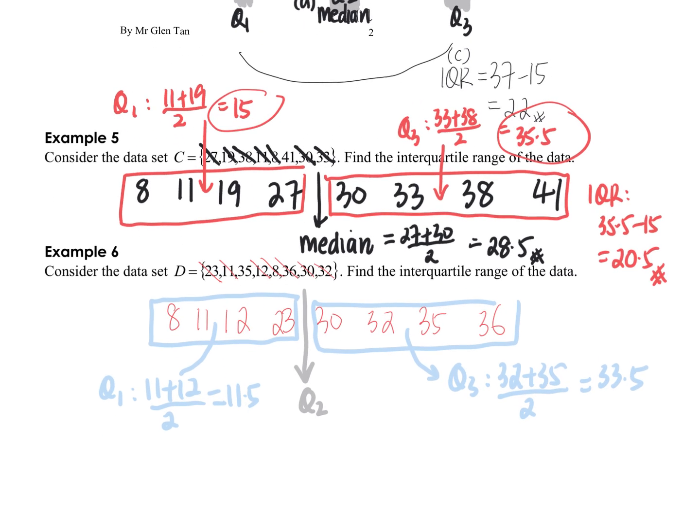So IQR is the difference of these 2. So 33.5 take away 11.5, so it's 22. Okay, so make sure you arrange them in sequence first. Then you can find the middle point.